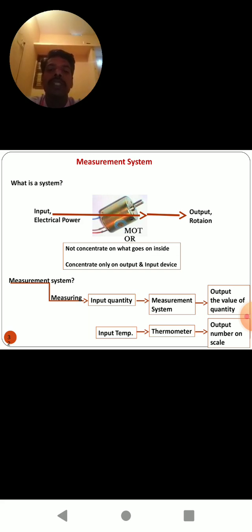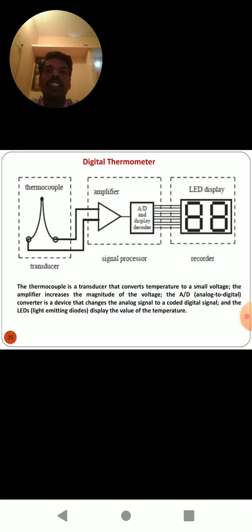Next is the measurement system. Here the measurement system may have many mechatronics elements: the input, then the sensor or transducer, then the signal processor, then the display or recording device, and finally the output. The input quantity to be measured is provided to the sensor or transducer unit.